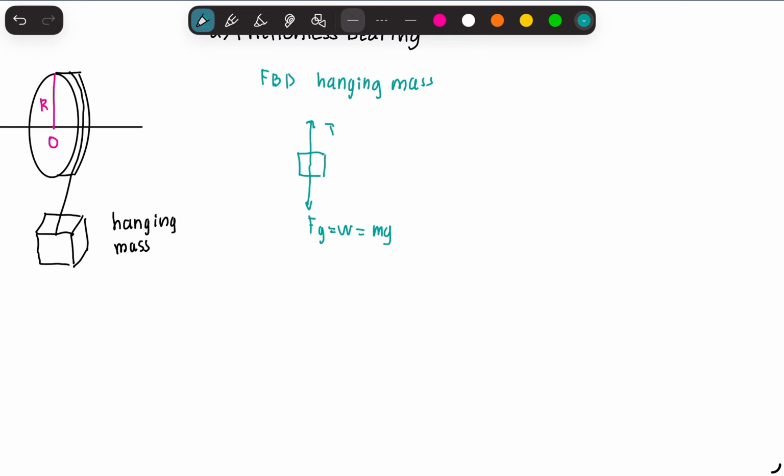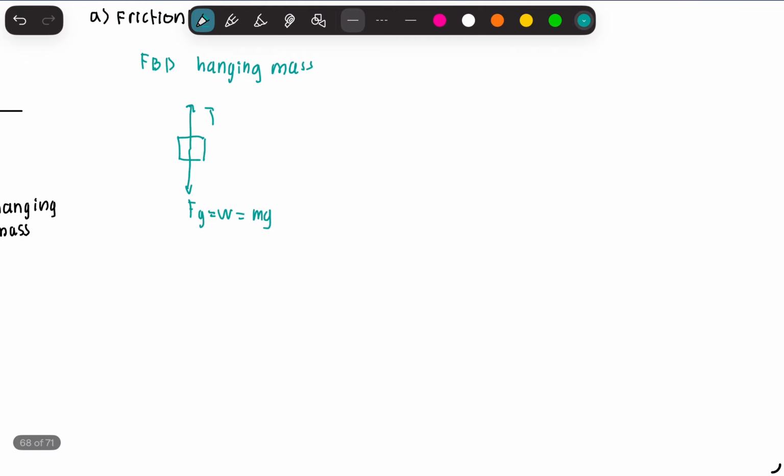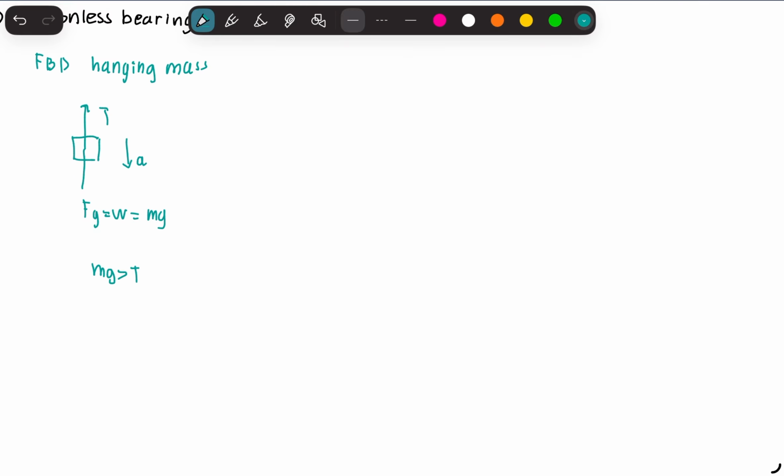Up we have T. Since we know that it accelerates downward, that means that mg is going to be greater than T. So this is going to be a longer arrow.